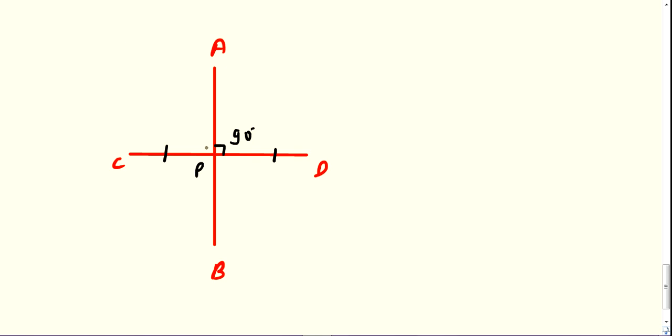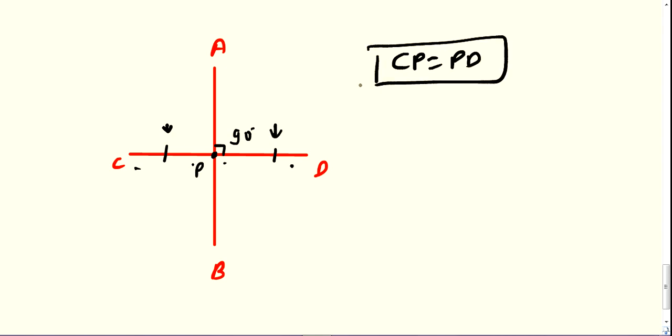Now in this particular question, we have these two hyphens here, and these symbols indicate that the sides are equal. So here we have point P. So CP will be equal to PD, and if CP is equal to PD, that means AB is a perpendicular bisector of CD.